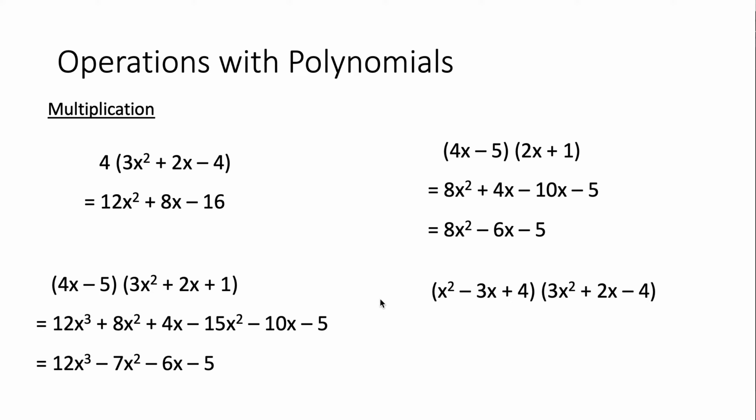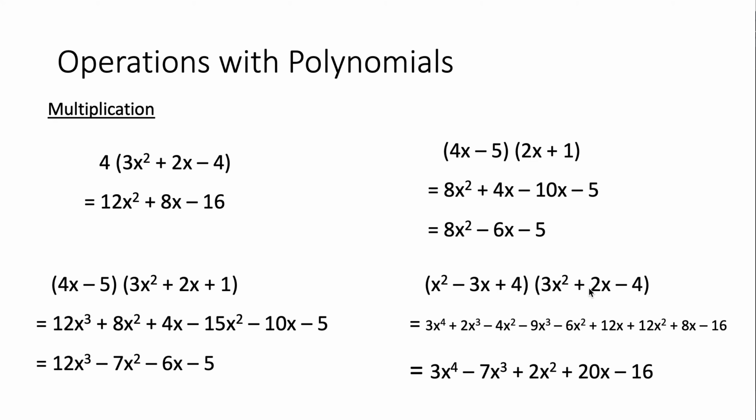And same here, you're multiplying each term on the left by each term on the right. It becomes 9 terms there, but you simplify it down to 5 terms, because you've grouped together the cubes and the squares and the x's by themselves.